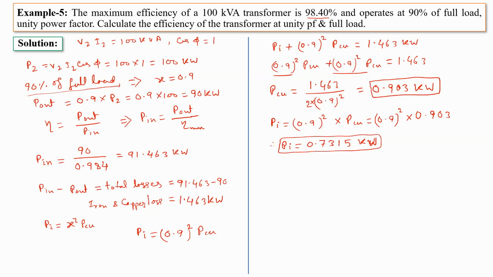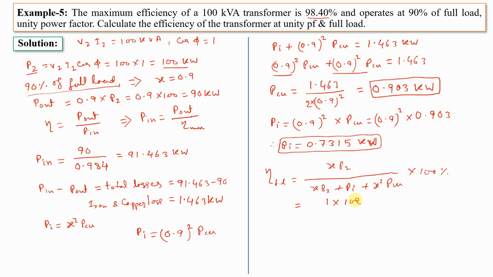Now we have to find the efficiency of the transformer at unity power factor and full load. The efficiency at full load will be equal to XP2 by XP2 plus PI plus X square PCU, into 100%. For full load, the value of X is equal to 1. P2 will be V2I2 cos phi, so at unity power factor P2 is 100 kilowatt.